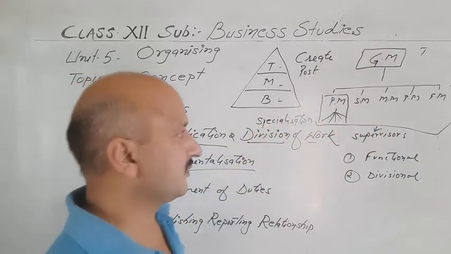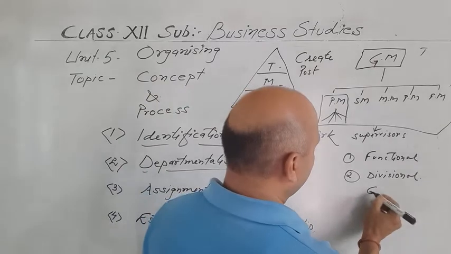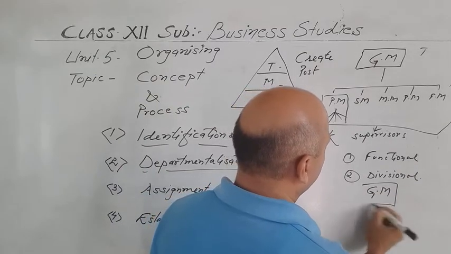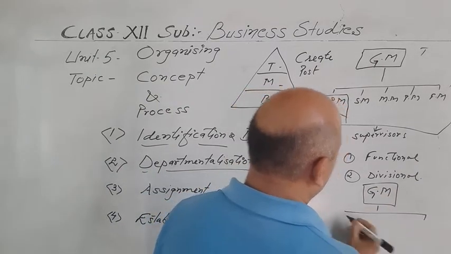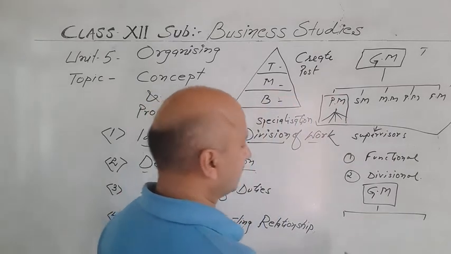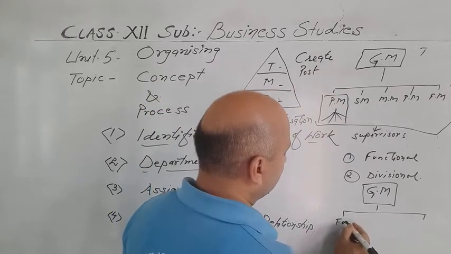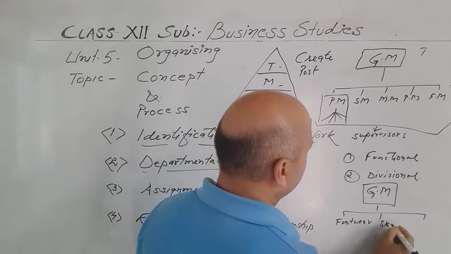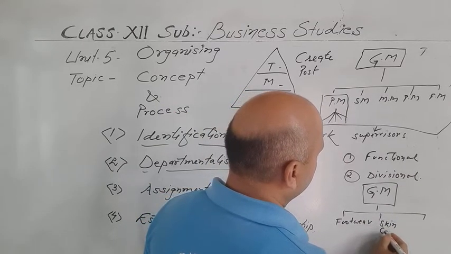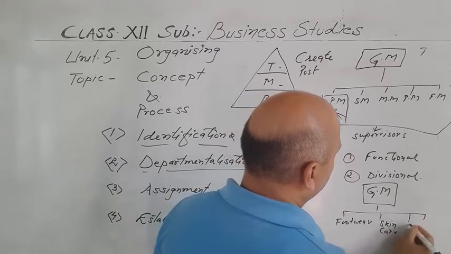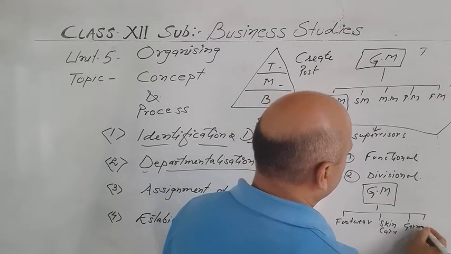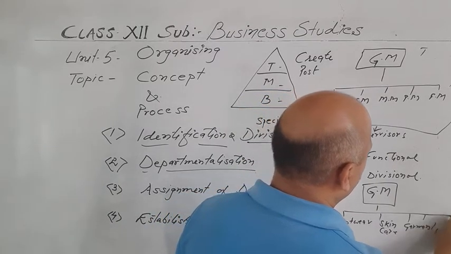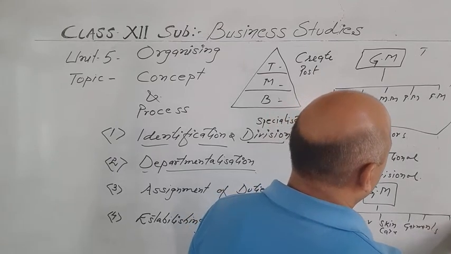But in divisional structure, the chart will be different, like general manager at the top level, then they may be producing different types of goods like footwear, skin care, garments, and there may be a long list of products.